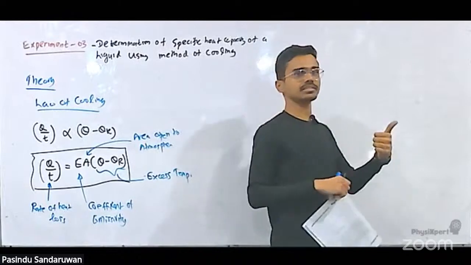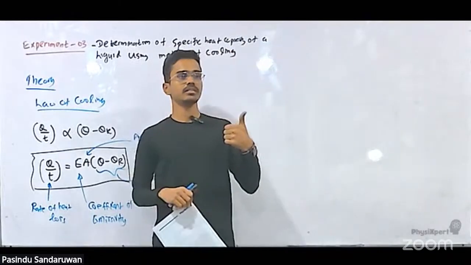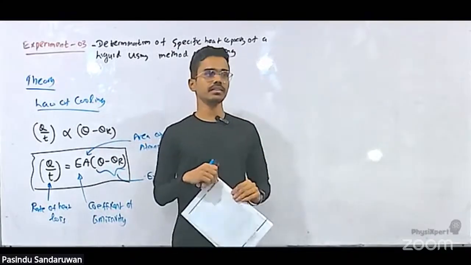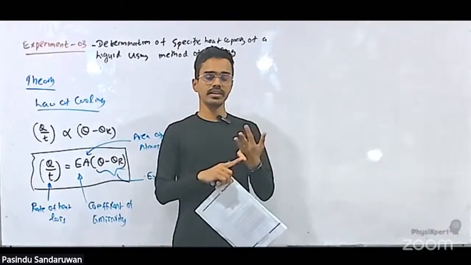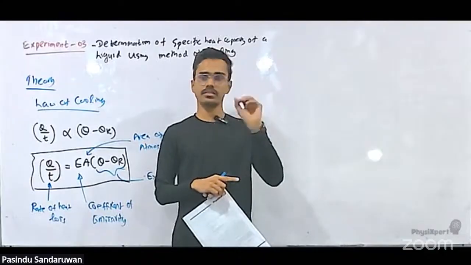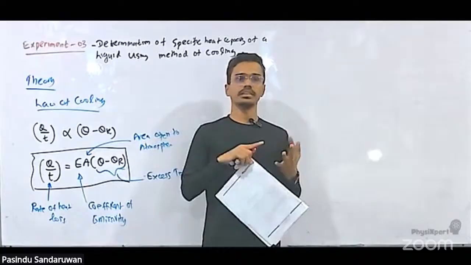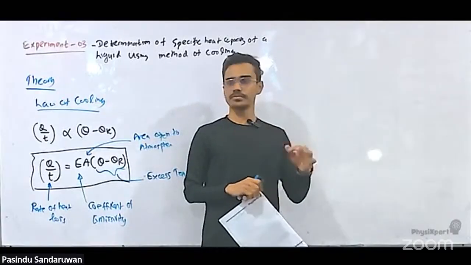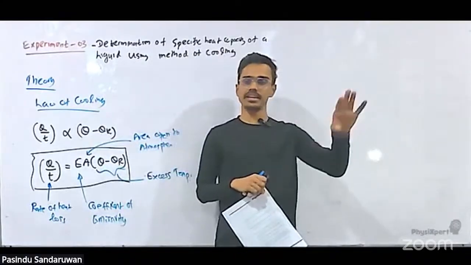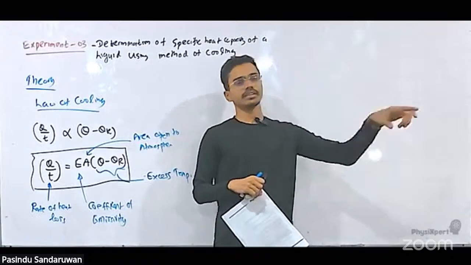What is natural convection? If a body is cooled under natural conditions, there cannot be any artificial wind blowing. You cannot use fans, and there cannot be any other flow apart from the natural wind flow. To achieve natural conditions, it should be a controlled room.